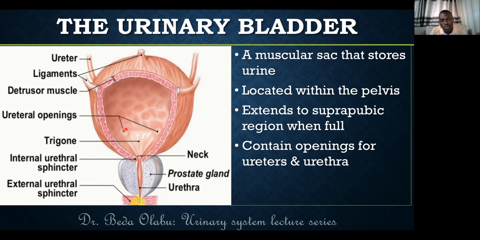There are three openings within the urinary bladder, two for the ureters and one for the urethra. That triangular region surrounded by the three openings is what we commonly call the bladder trigone.